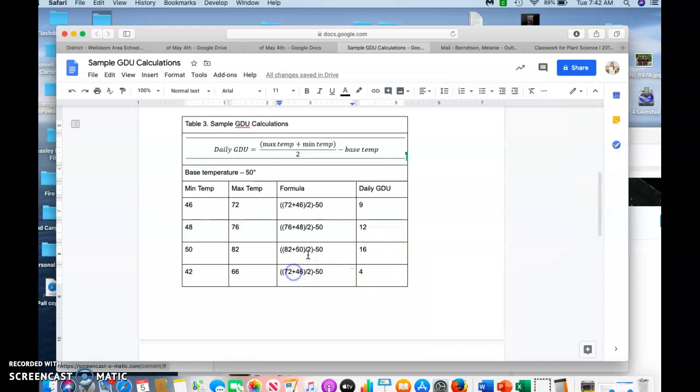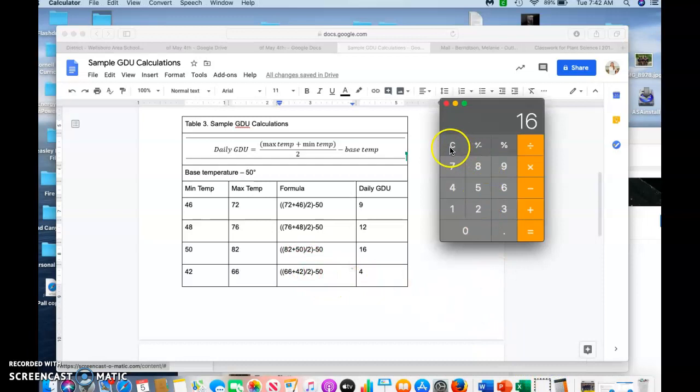And it got a little colder, like today versus this weekend. This weekend was warm, today's cold. Where's spring? 66 plus 42 is 108, divided by 2 is 54, minus 50. And the growing degree units are 4.